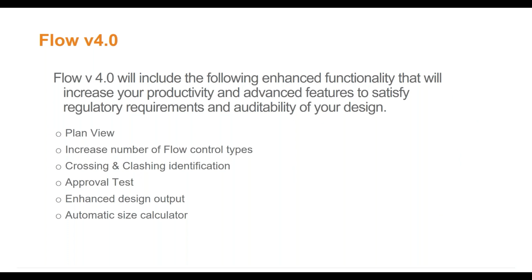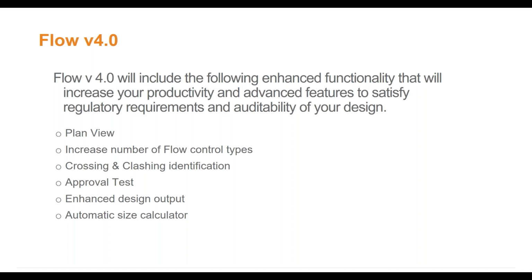We've also put that approval test in, and that approval test is something that we are actively working on with approval authorities, so as to get their feedback, making it far easier for designers to submit their designs. We've also enhanced the design output, so being able to turn on and off columns, so that when you are generating reports, you can do that in Excel or in PDF.